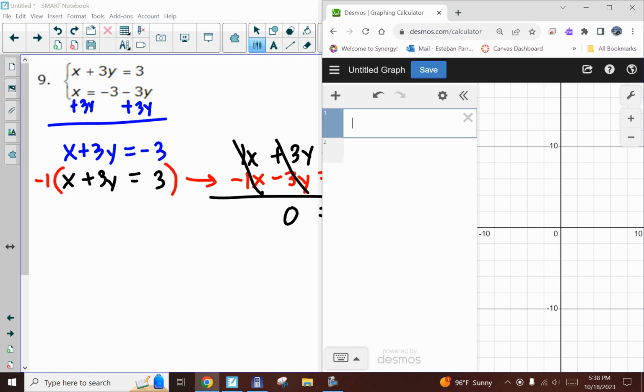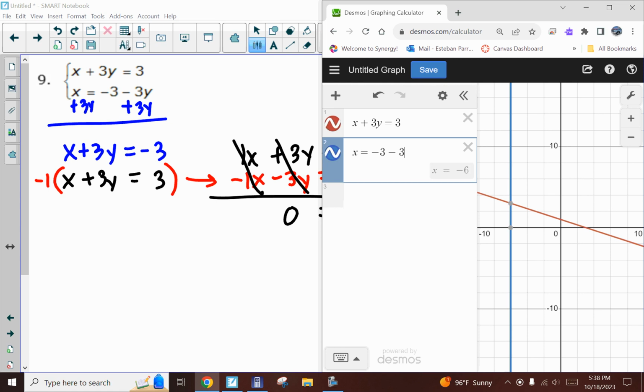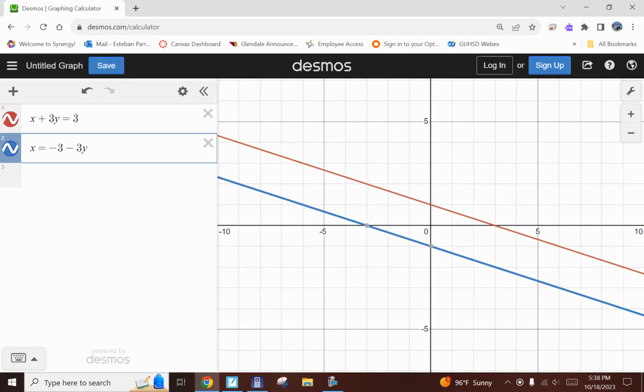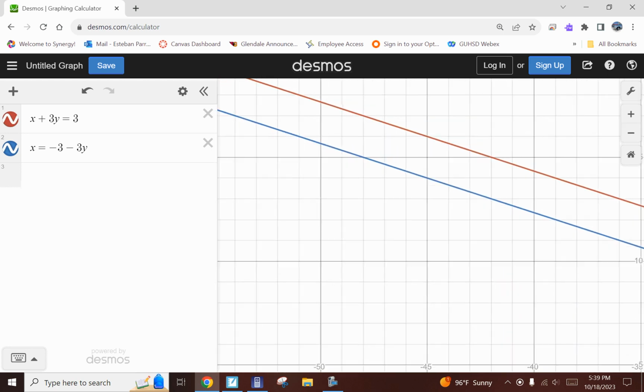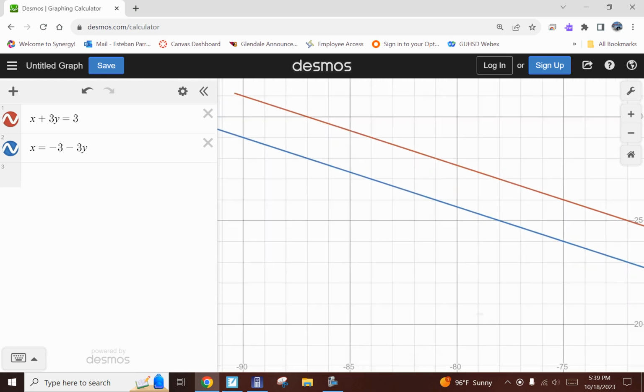So if I type in x plus 3y equals 3, and the second one says x equals -3 minus 3y, you're going to notice that the reason why there is no answer is because the lines don't cross each other. You can scroll forever and ever, and these lines, they're parallel.